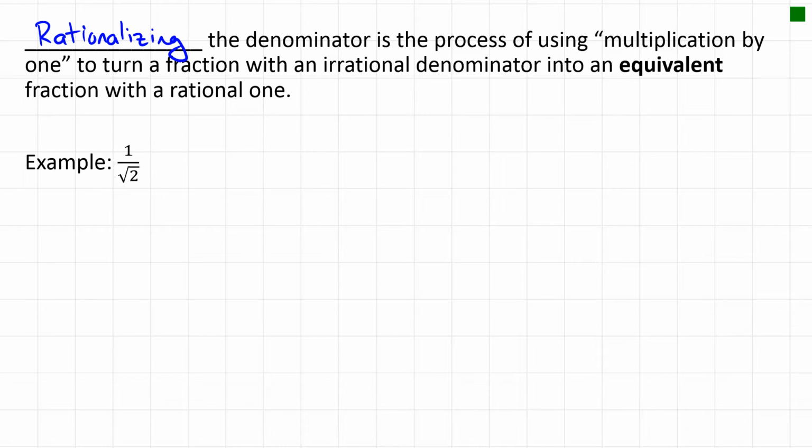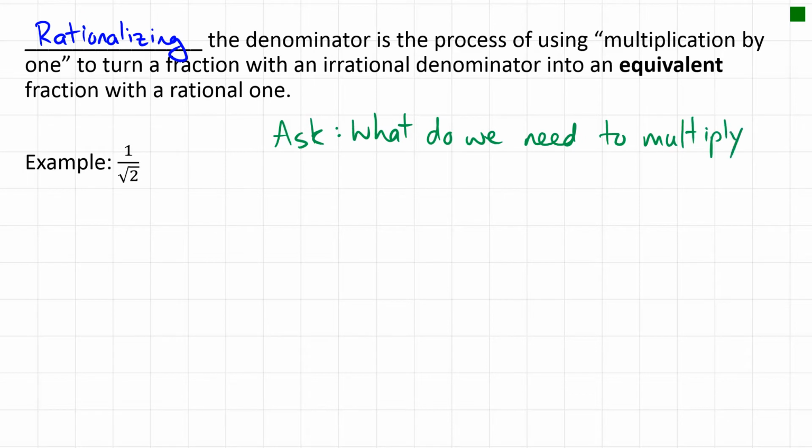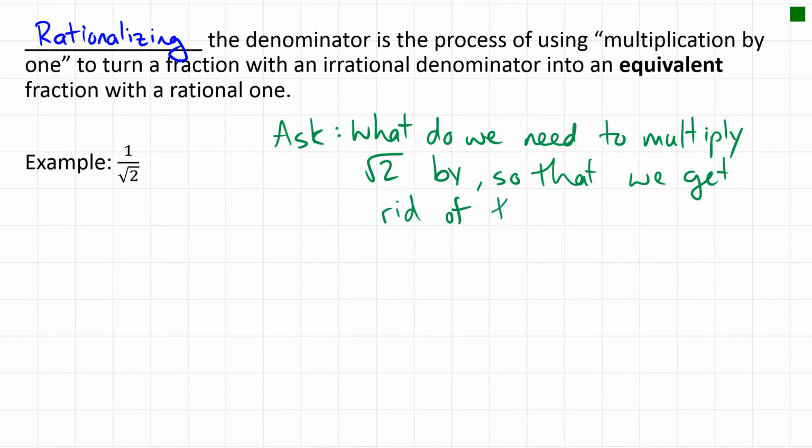We need to ask ourselves, what do we need to multiply the square root of 2 by so that we get rid of the radical?